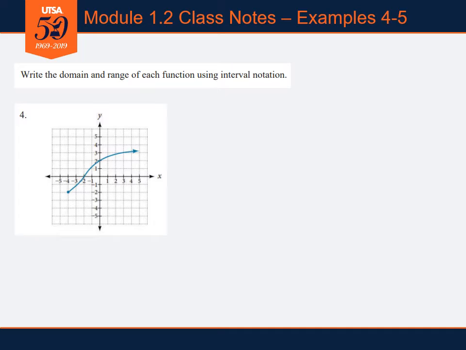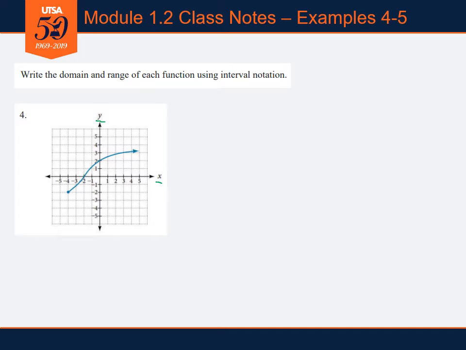Then on a graph, since the input values are described by the horizontal x-axis and the output values are described by the vertical y-axis, the way we're going to read this graph, if we're thinking about input values and domain, is horizontally.